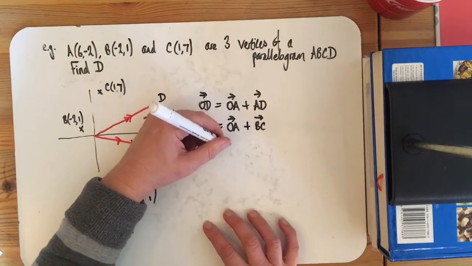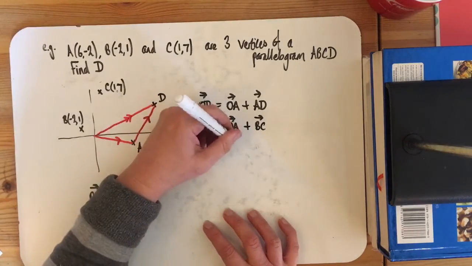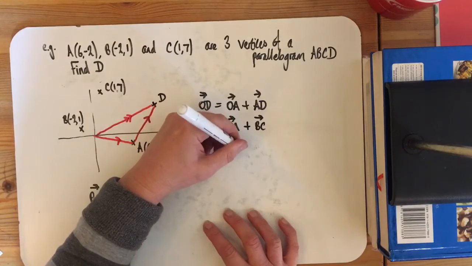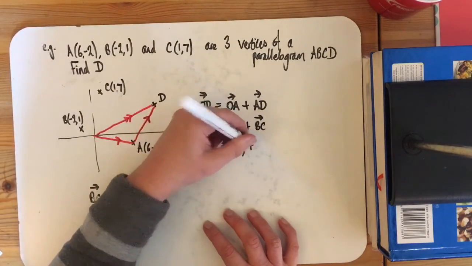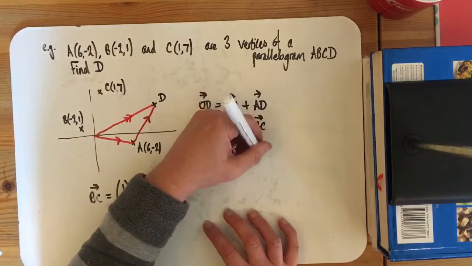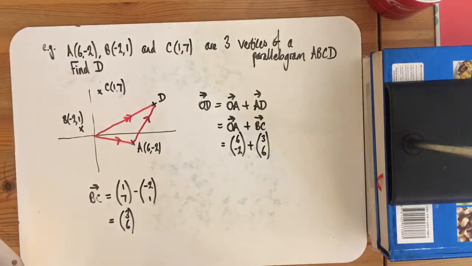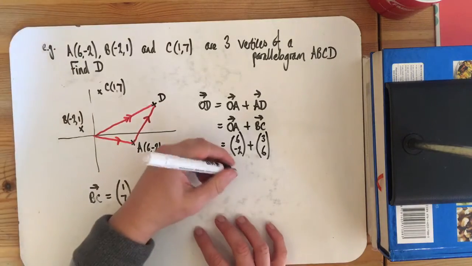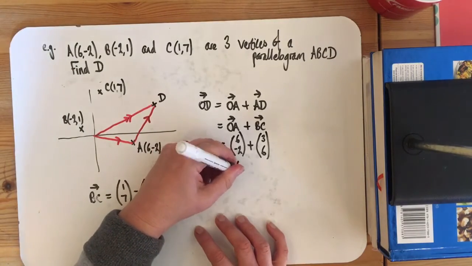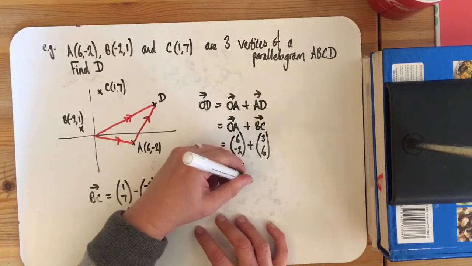So to get from O to D, we go from O to A, which is (6, 2), plus BC, which is (3, 6). And that puts D, the position vector of D, at (9, 4).